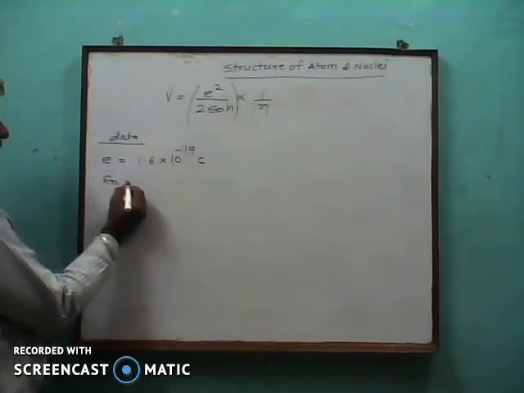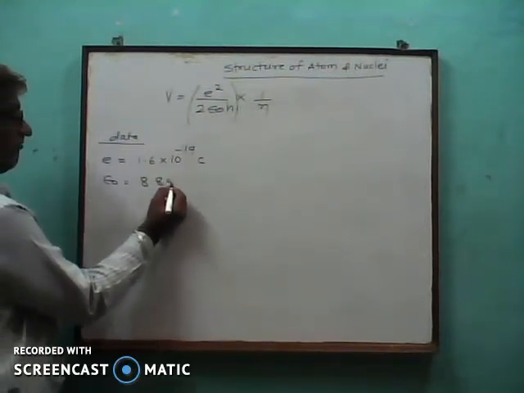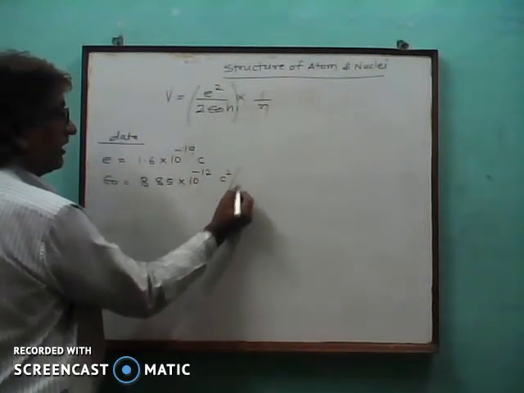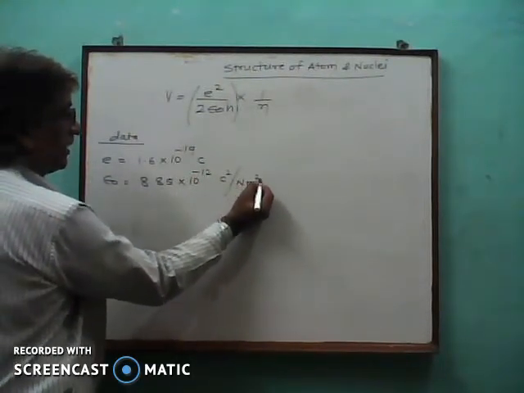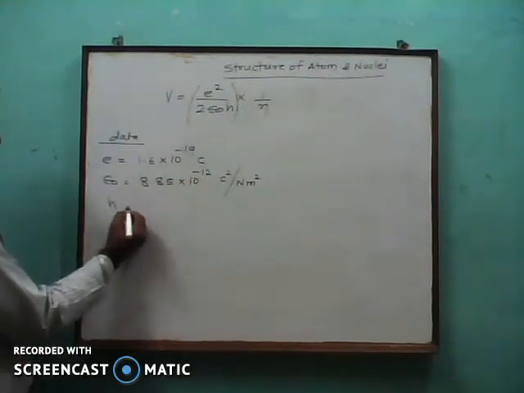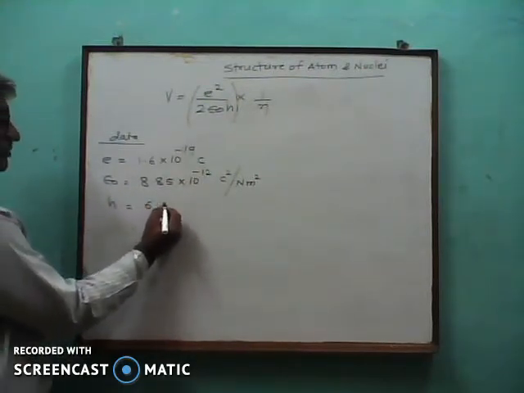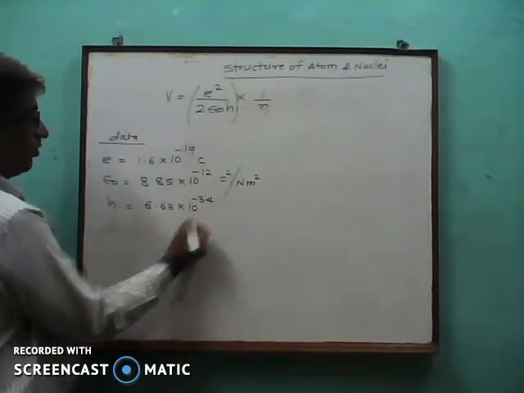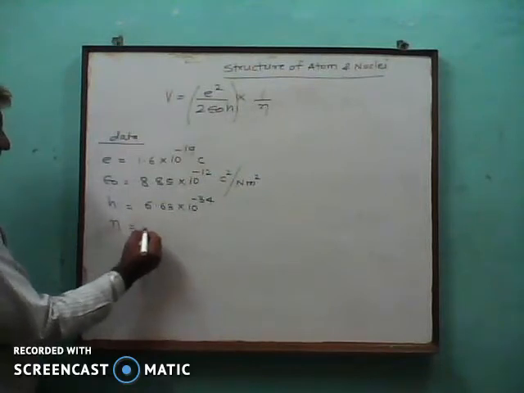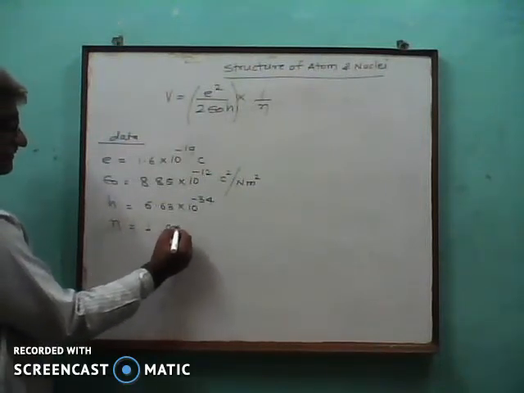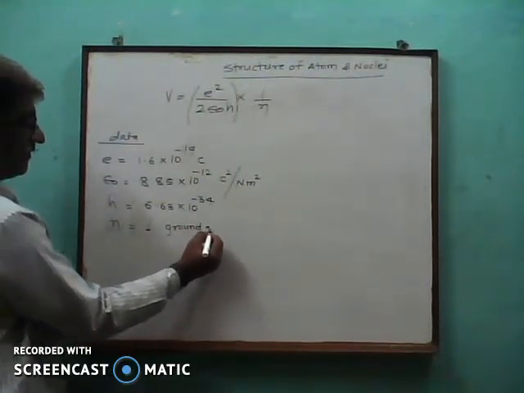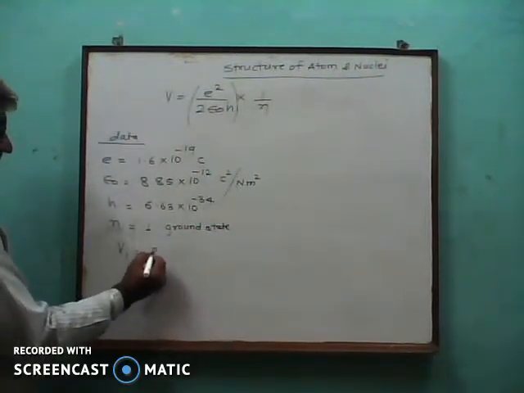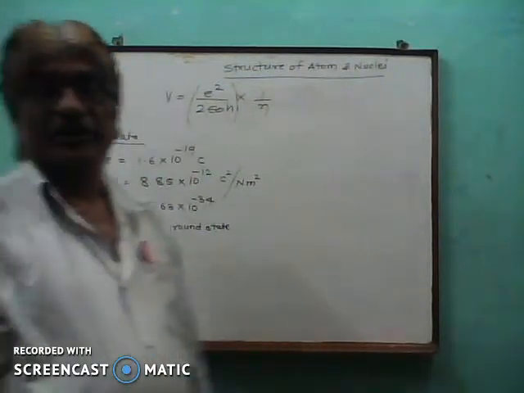Epsilon 0 will be 8.85 into 10 to the power minus 12 coulomb squared per newton meter squared, and Planck's constant h will be 6.63 into 10 to the power minus 34. And for first orbit or ground state, n is 1 and we want to find v1.